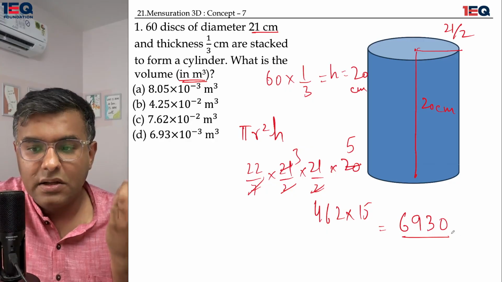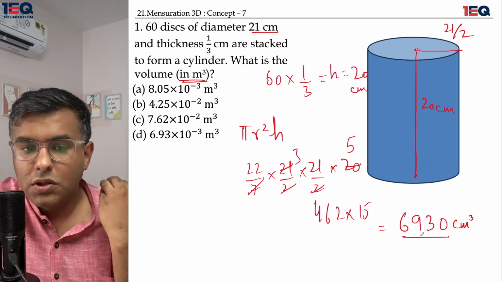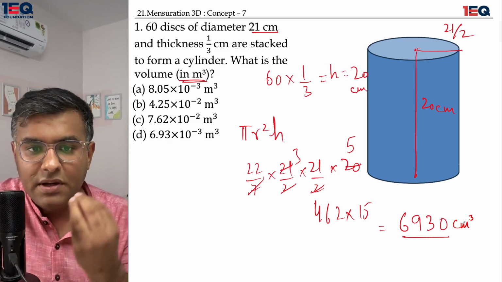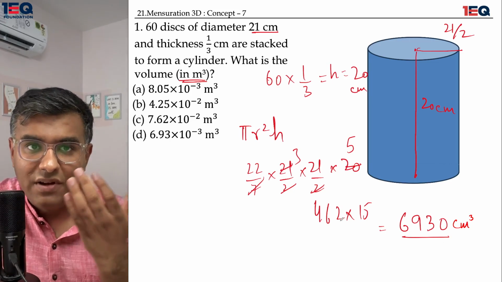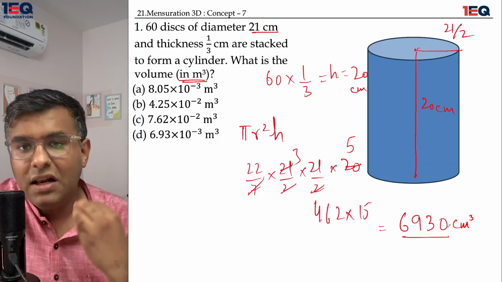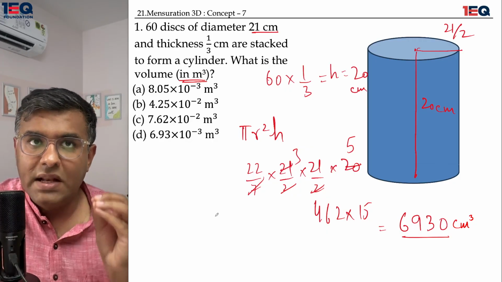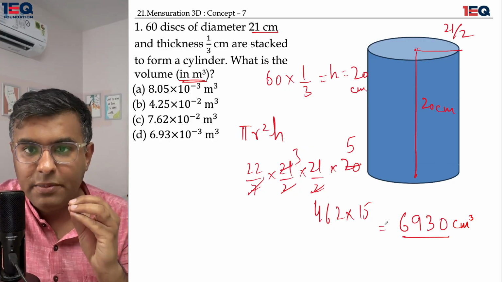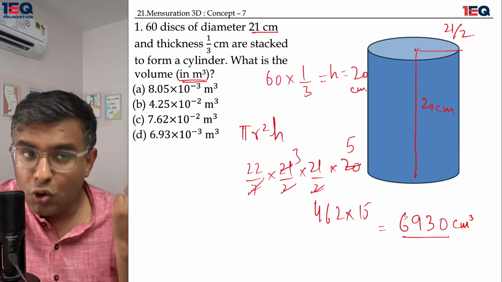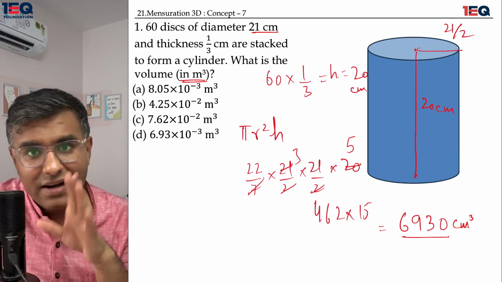My answer here is 6930 centimeters cube. So if I wish to convert centimeters cube to meters cube, we are going from a smaller unit to a bigger unit. That would entail pulling in a division sign. Okay. If 1 meter is equal to 100 centimeters, 1 meter cube is going to be 100, 100 and 100 three times.